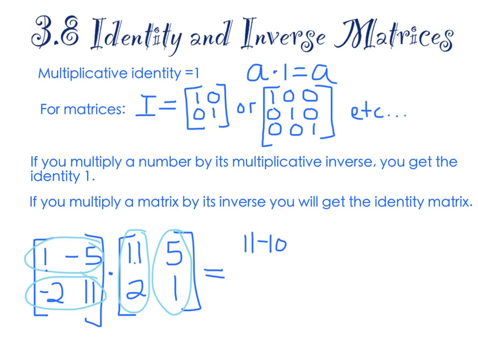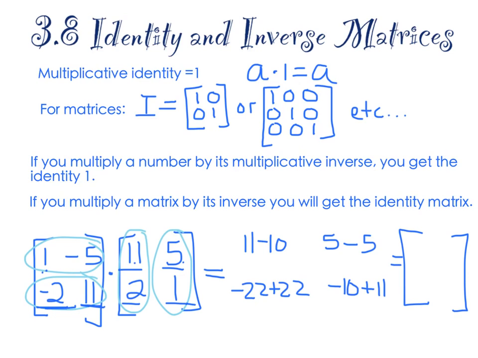And then we go 1 times 5 plus negative 5 times 1, and then we go negative 2 times 11 plus 11 times 2, and we'd say negative 2 times 5 plus 11 times 1. And when you do that math, 11 minus 10 is 1, 5 minus 5 is 0, negative 22 and 22 is 0, negative 10 and 11 is 1.